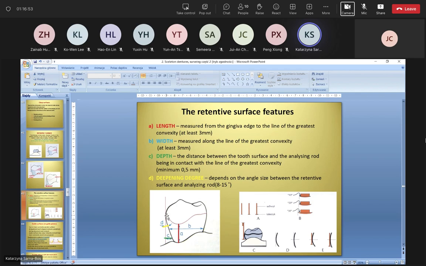And the tilt degree depends on the angle between the retentive surface and the analyzing rod, and it should be 8 to 15 degrees. When this surface has such features, we can call it a retentive surface.